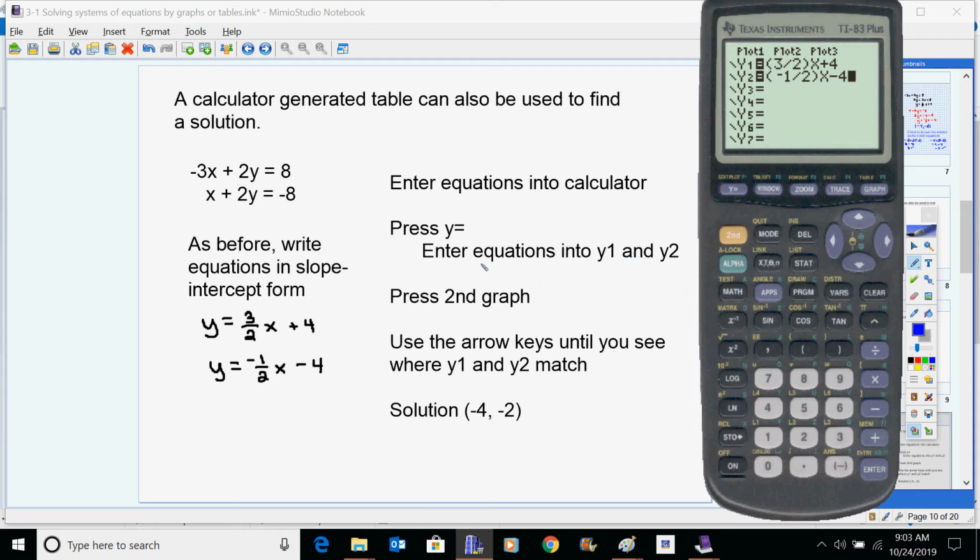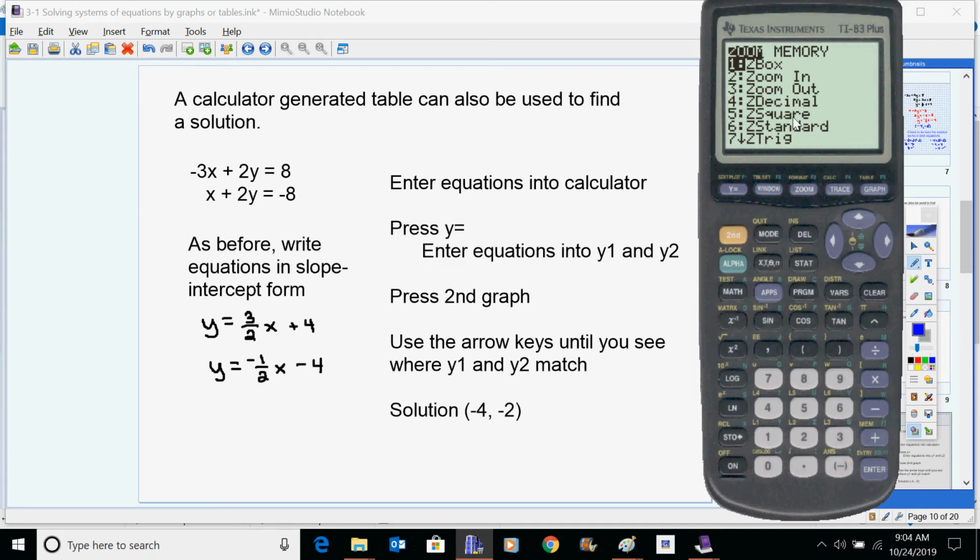If your graph looks really weird, like why does it look like that, then you might have made a mistake. Next thing we want to do is actually take a look and see what that graph is going to look like. I have on the directions to push second graph, but I want you to correct that and write zoom, and then 6.